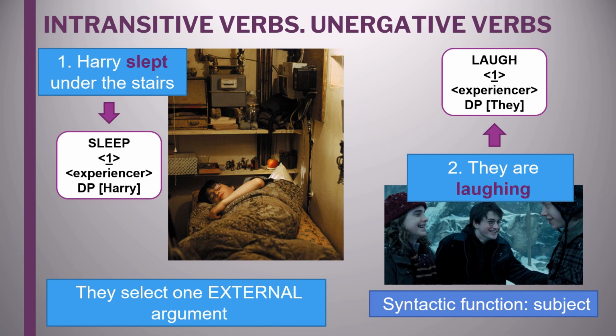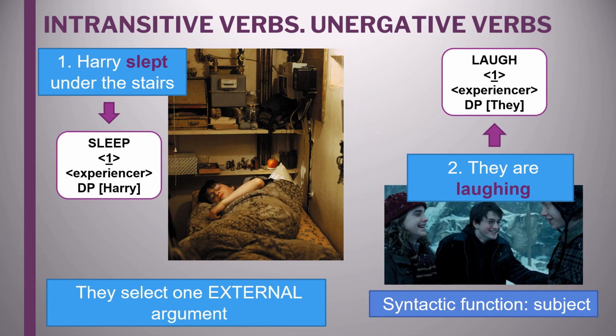Much in the same way, in sentence 2, the verb laugh selects one external argument, the DP they, which also receives the theta role of experiencer. In both cases, as we have anticipated, the DPs selected by each verb function as the subject of each sentence.